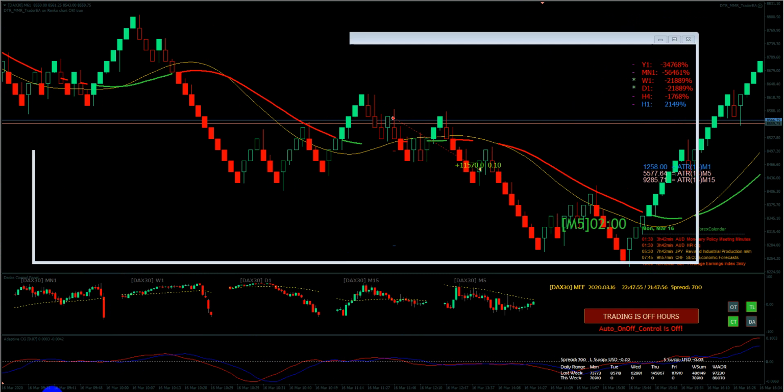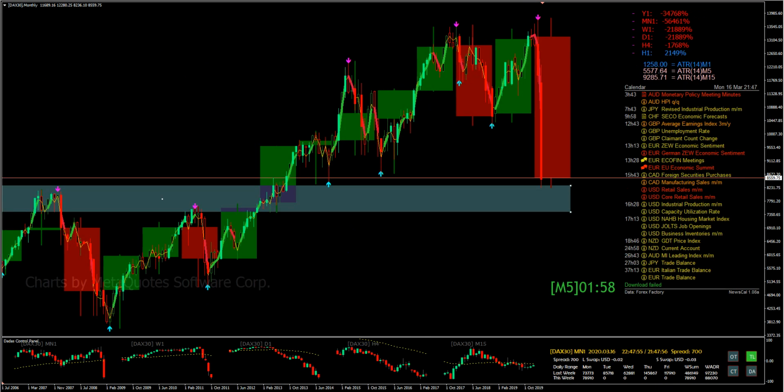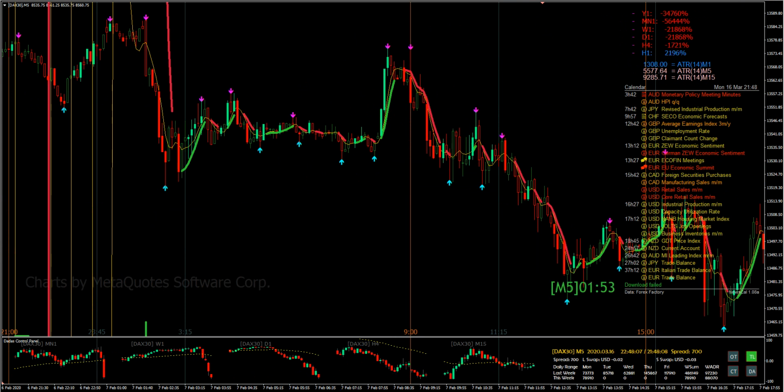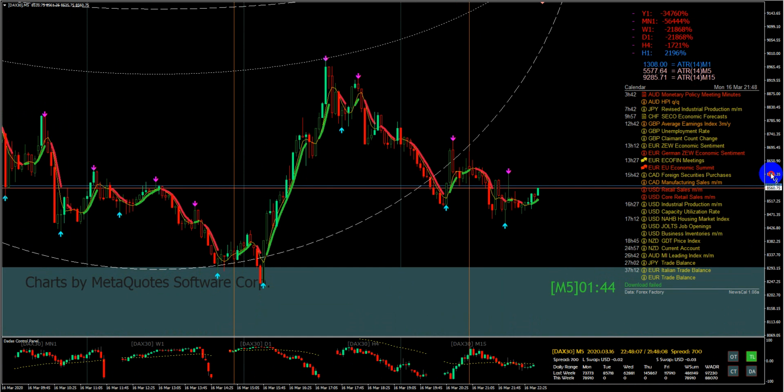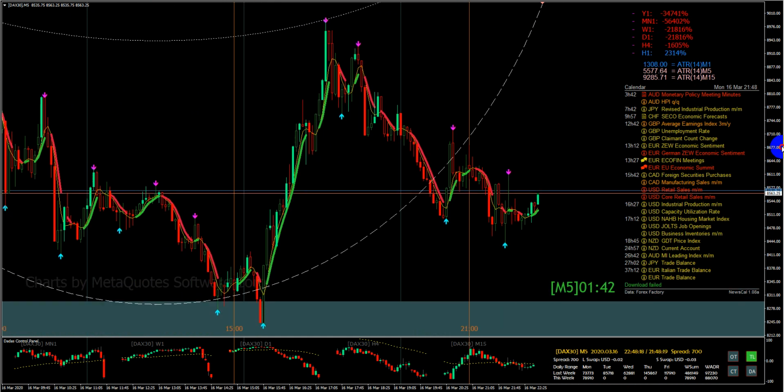It's kind of funny. Knowing what I know about supply and demand zones, I plot out this supply demand zone because it's where it's supposed to be.